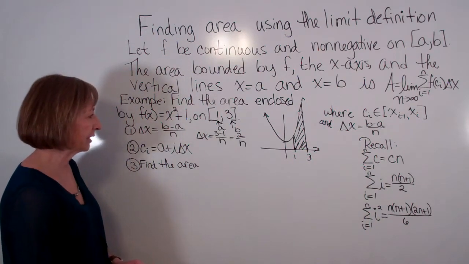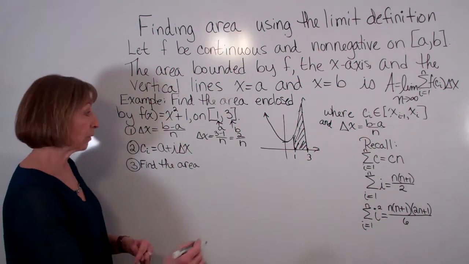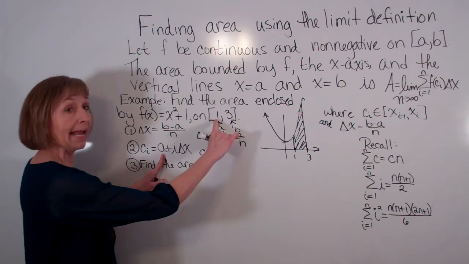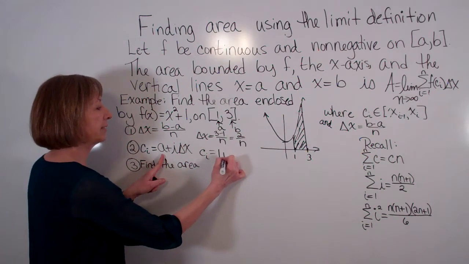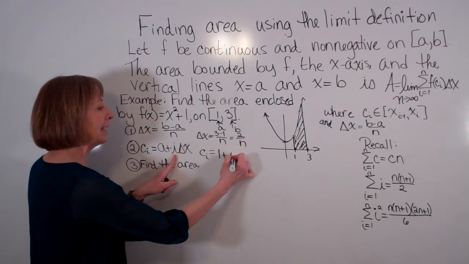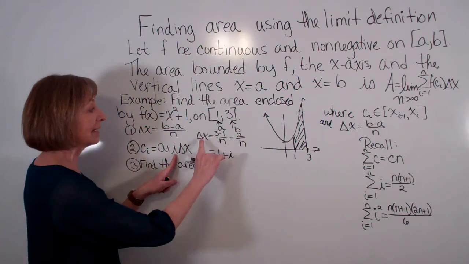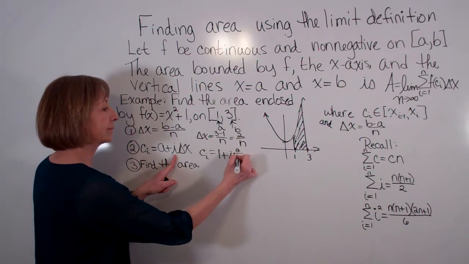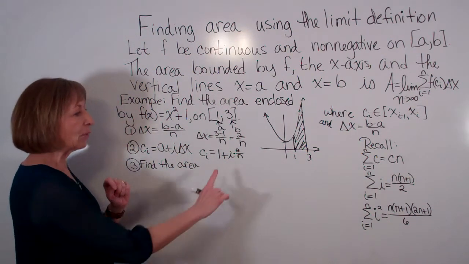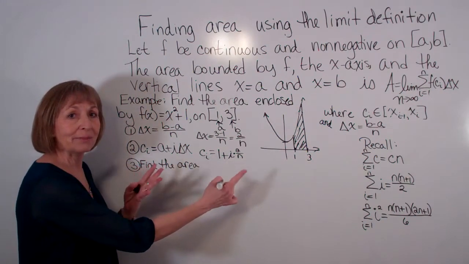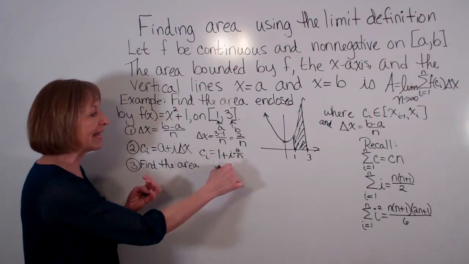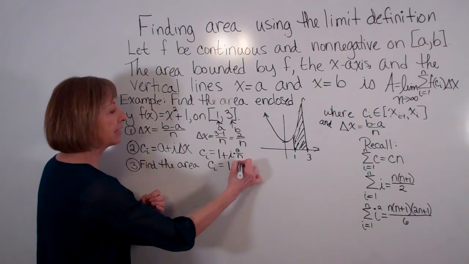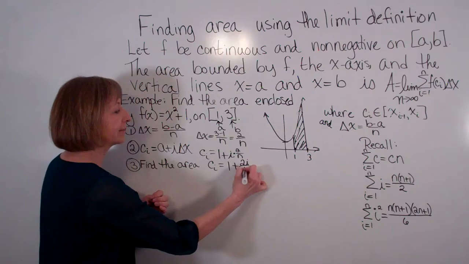Now for our particular question, that means my c sub i is, well, what's a? a is 1. Plus i, and what's delta x? Delta x is 2 over n. And I want to think of that as i over 1 times the 2 over n, so that's 2i over n. So my c sub i is 1 plus 2i over n.